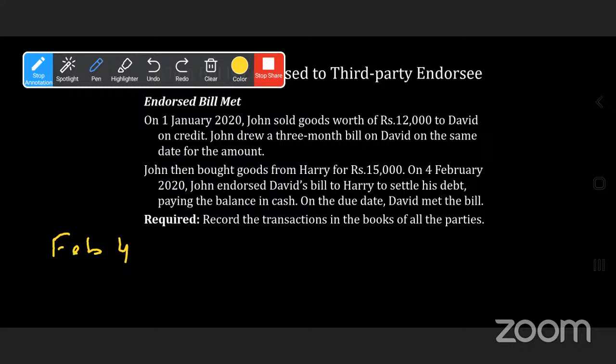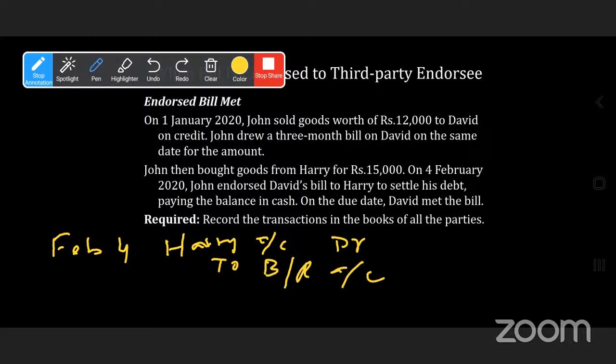Coming to this entry, you have to write Harry account debited to bills receivable account. The bill of rupees 12,000 was endorsed to Harry. Harry account is 15,000, as he has to pay 15,000 to Harry.